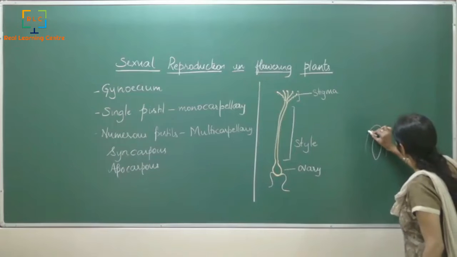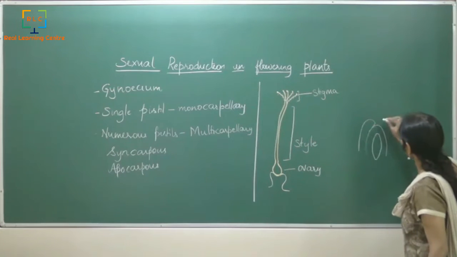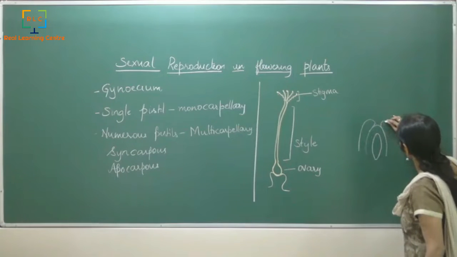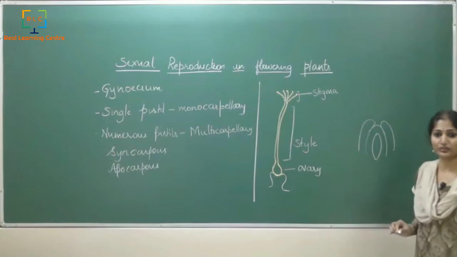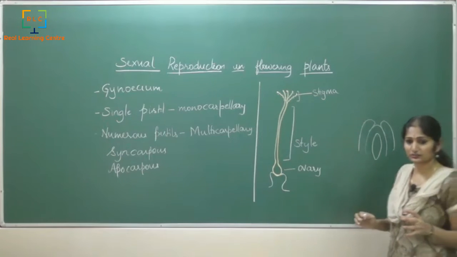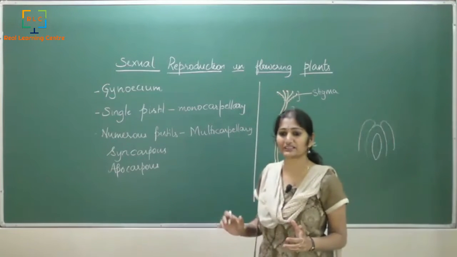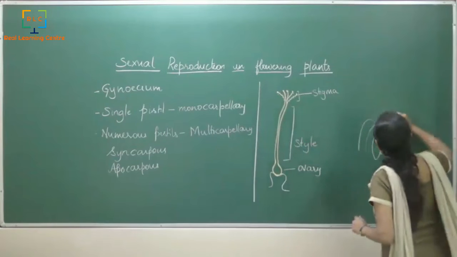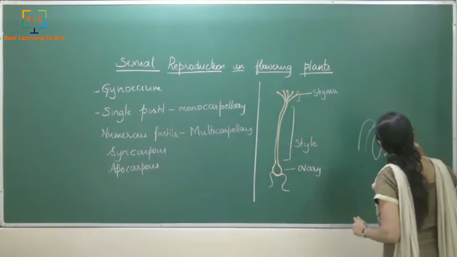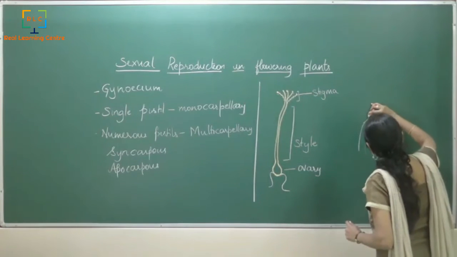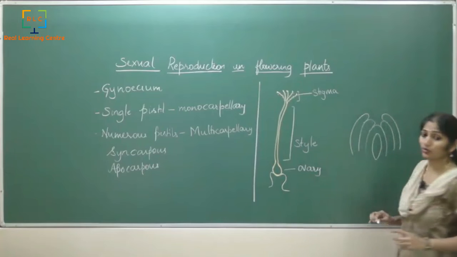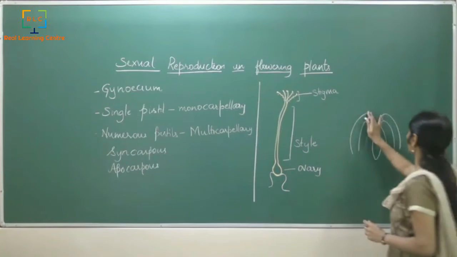And then you also see there is one more layer. This is called as the first layer of the seed. We call it as an inner integument. Now above this you have one more layer which we call as the outer integument. This becomes much narrower.